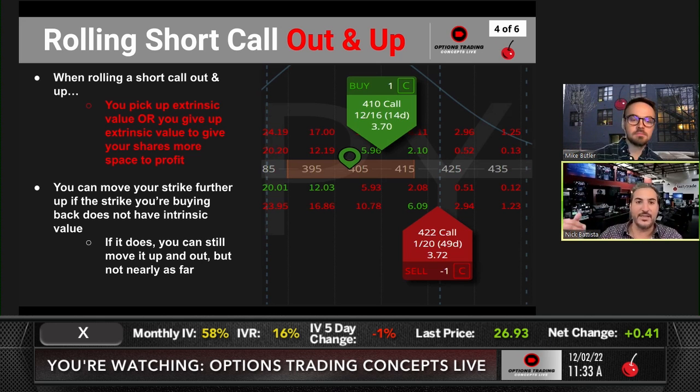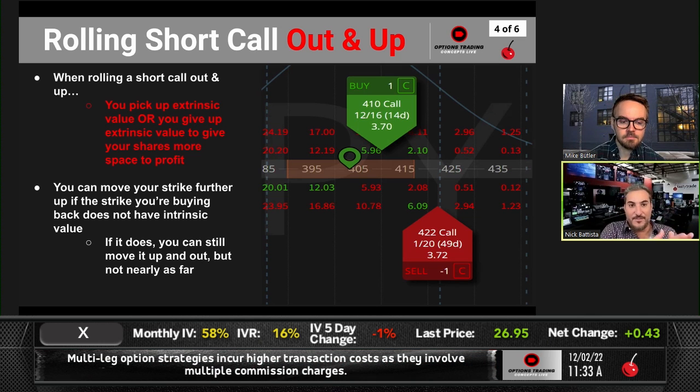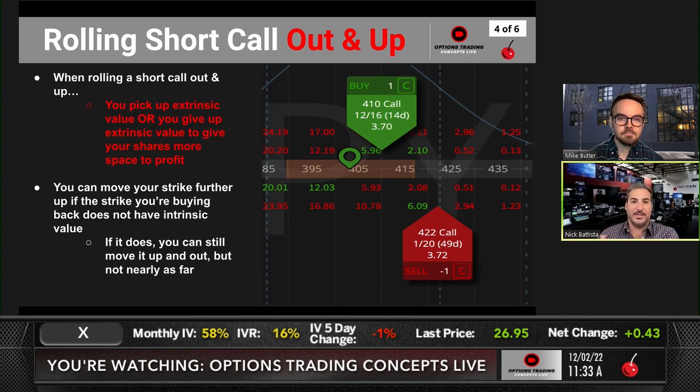You're rolling that forward and up, but keeping that on the table. The $4 debit or the $3.70 debit that you are buying the option back for in that transaction is a realized value, but you're opening that same value further out in time.